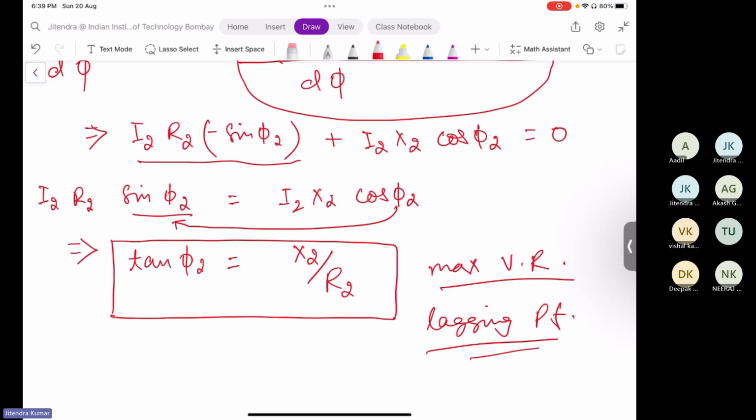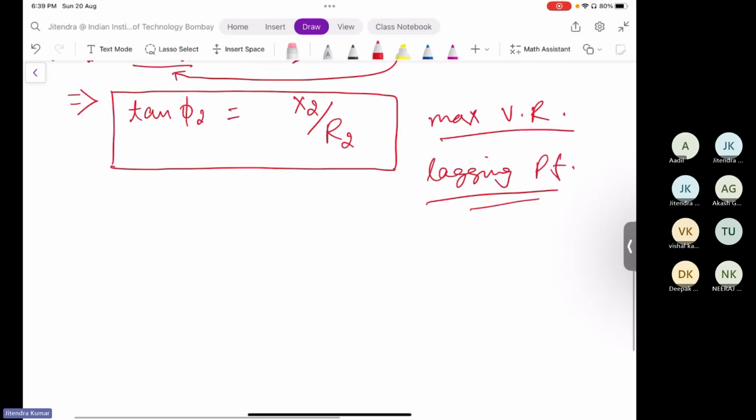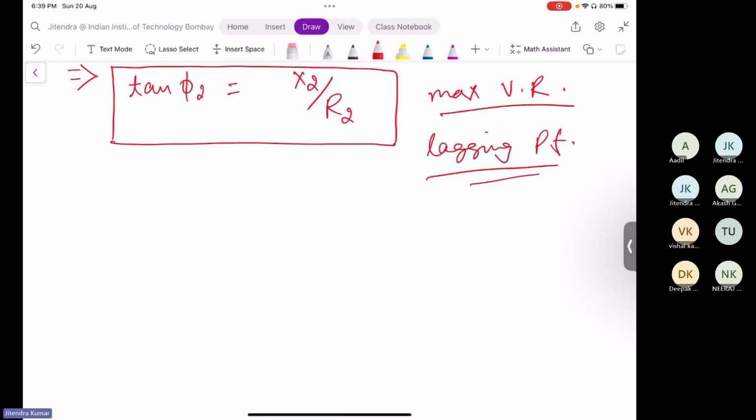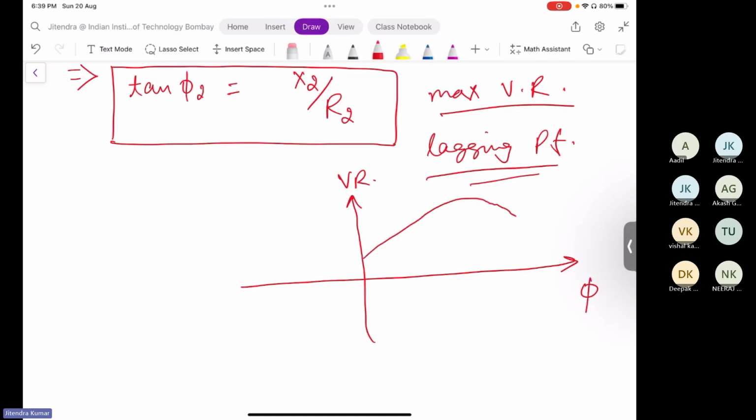It can never occur at leading power factor. So after drawing the voltage regulation curve with power factor angle, you will get such type of curve. This is the angle tan phi 2, which is tan inverse X2 by R2.